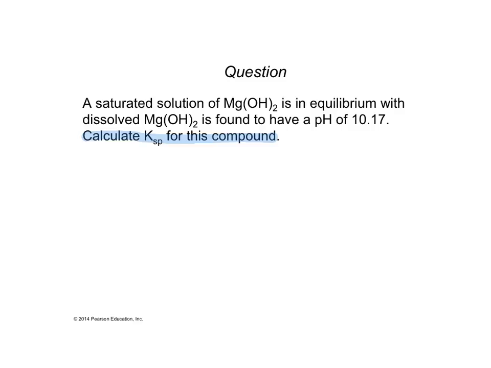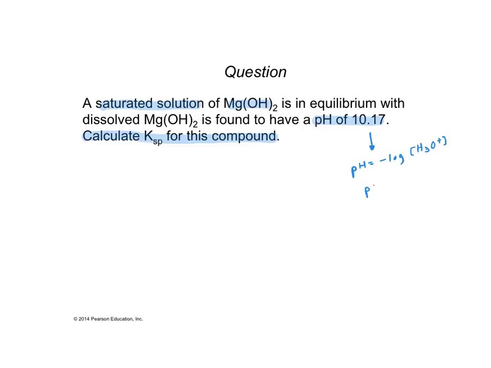and we put it into solution, dissolve it, and produce a saturated solution, so it's at equilibrium, and it's found to have a pH of 10.17. So I want you to utilize this data to calculate the KSP for this compound. So this would be kind of like the reverse. Just as a reminder, before you give this a shot, pH is equal to minus log of H3O plus.